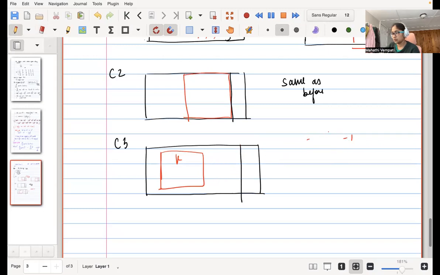So the size can at most be K plus 1. And if it is K plus 1, we only care about that. If not, the square can screw itself.